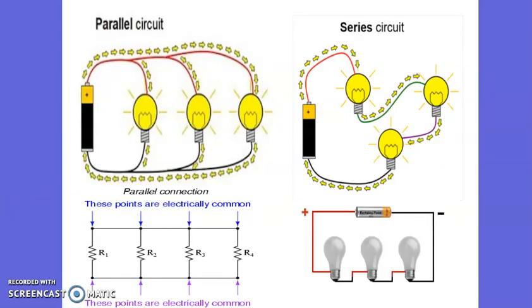For example, I have here a parallel circuit and a series circuit. So we have said that a parallel circuit has two or more paths of electric charge. Here, there's only one path of electric charge or the flow of electricity. So what makes them different?